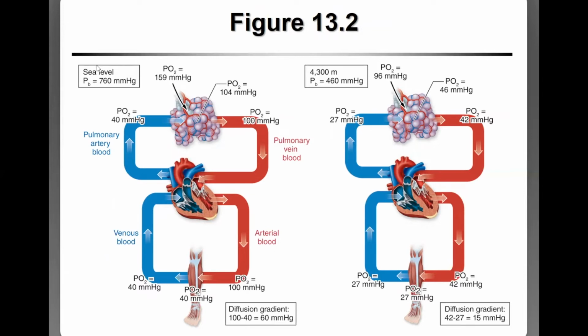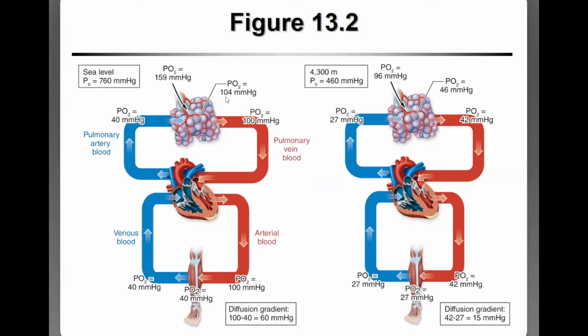The left-hand panel we've seen in a different section, where at sea level, the partial pressure of oxygen in the atmosphere is 159, where we just got this number by multiplying the barometric pressure by 21%. And then at the alveoli, the partial pressure of oxygen drops to 104 millimeters of mercury, and this drop is a result of us subtracting out the water vapor pressure.